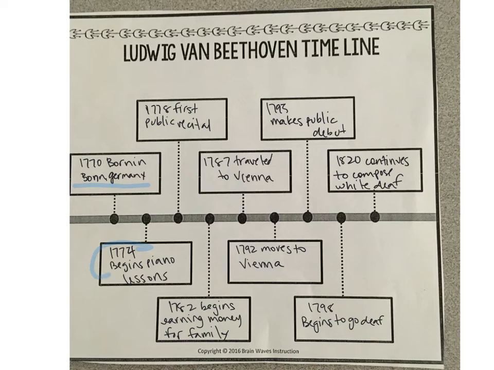Then, in 1774, he begins piano lessons. 1778, his first public recital. 1782, he begins earning money for his family. 1787, traveled to Vienna. 1792, moves to Vienna. 1793, makes public debut. 1798, begins to go deaf. And 1820, continues to compose while deaf. Pause this, fill in all of your notes, and then advance to the next page.